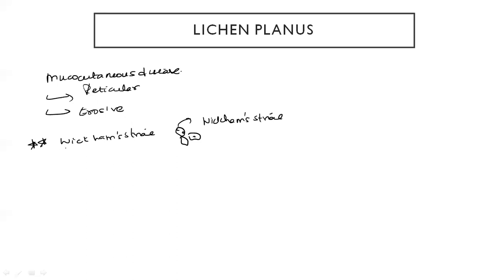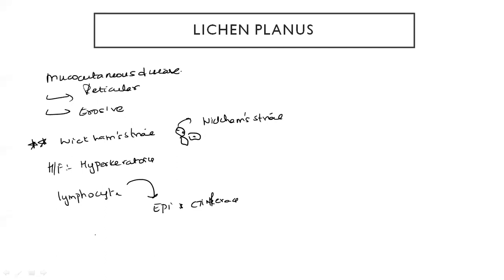Now, coming to the histology part, exactly what happens is, first there is hyperkeratosis. There is a lot of keratin deposition. Then lymphocytes get infiltrated at the epithelium and connective tissue interface.